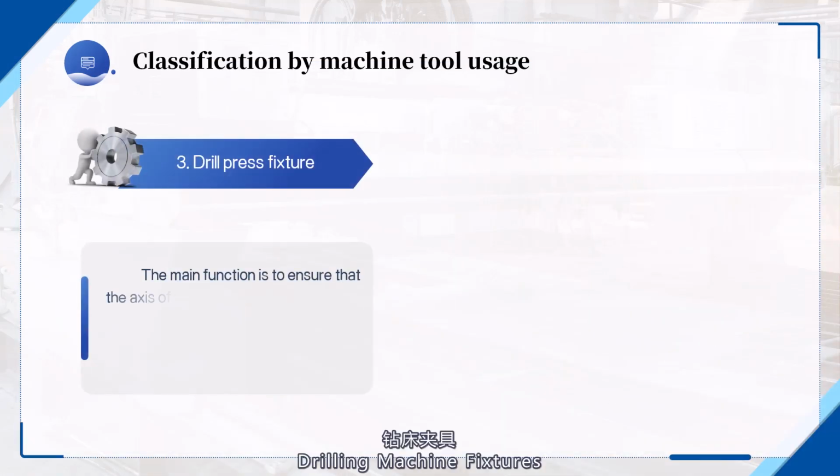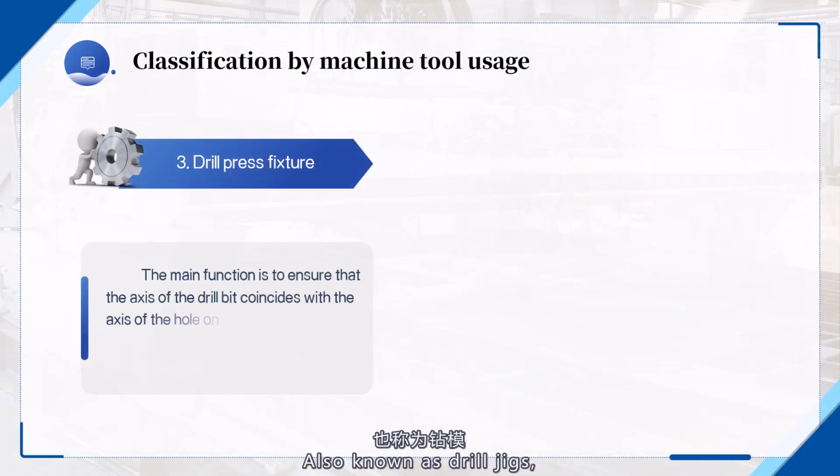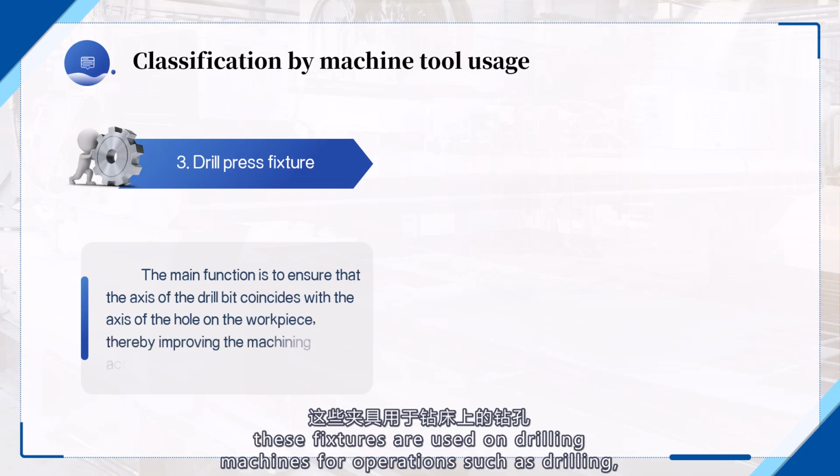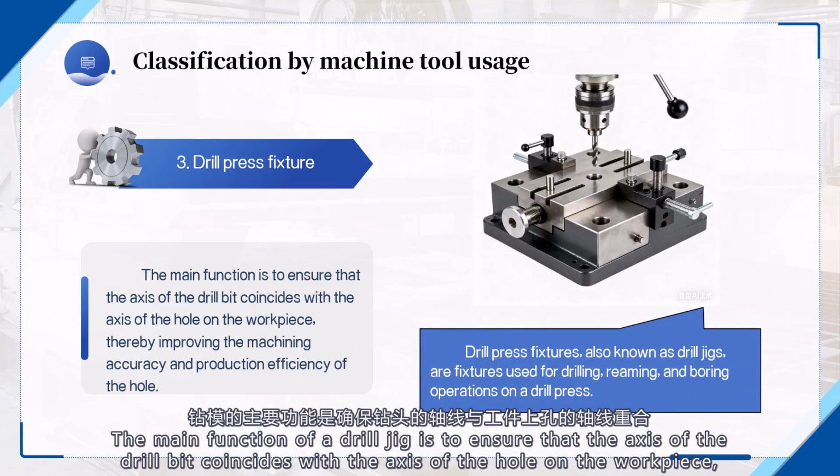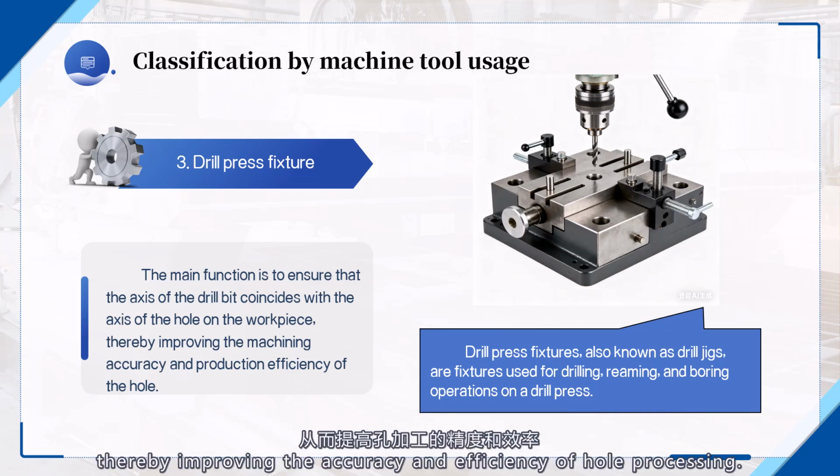Drilling machine fixtures, also known as drill jigs. These fixtures are used on drilling machines for operations such as drilling, reaming, and boring. The main function of a drill jig is to ensure that the axis of the drill bit coincides with the axis of the hole on the workpiece, thereby improving the accuracy and efficiency of hole processing.